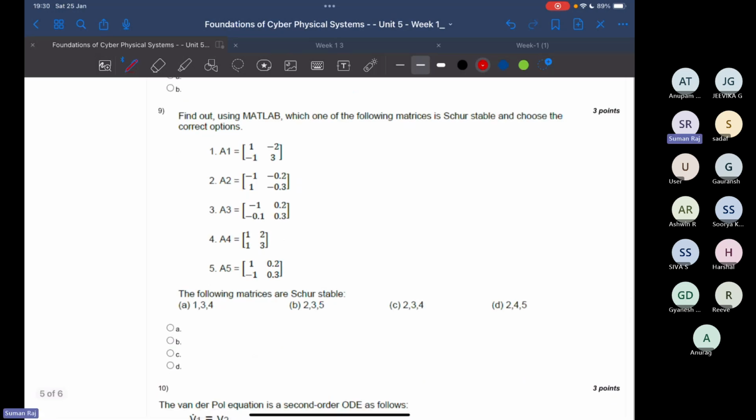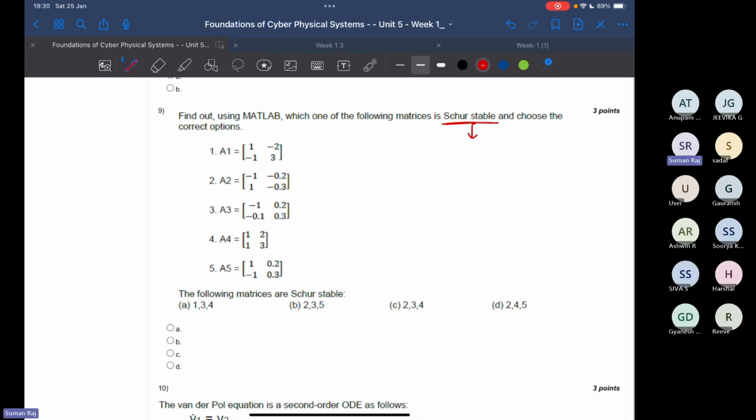The next question is, again, you have to do this computation in MATLAB. So you can check what makes it stable. I think there is some condition about this. Let me just check. Eigenvalues less than one is a condition.